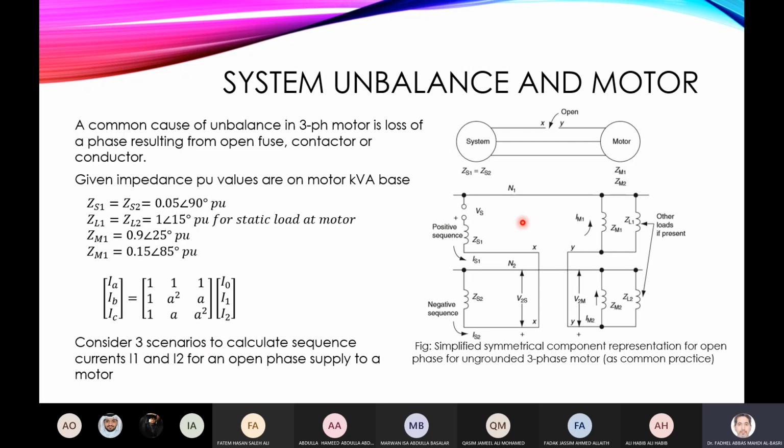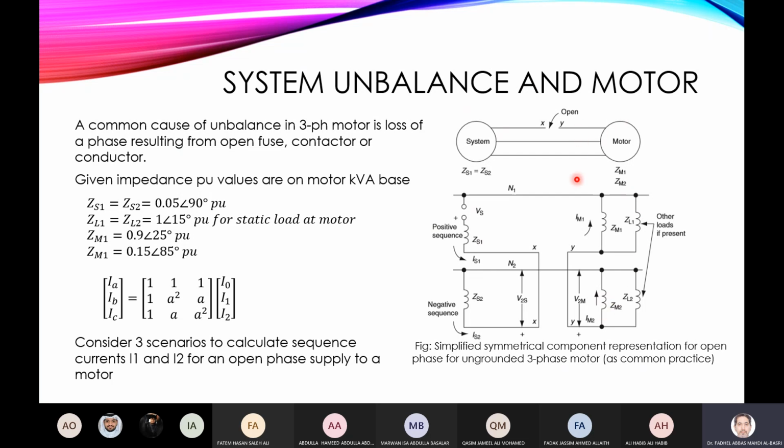So as a result, I have the positive sequence network, which represents the induction motor positive sequence impedance. This is the source voltage and its source impedance, which I wrote as XS before. This is ZS, the positive sequence impedance of that source, and the negative sequence impedance of the source and of the machine.